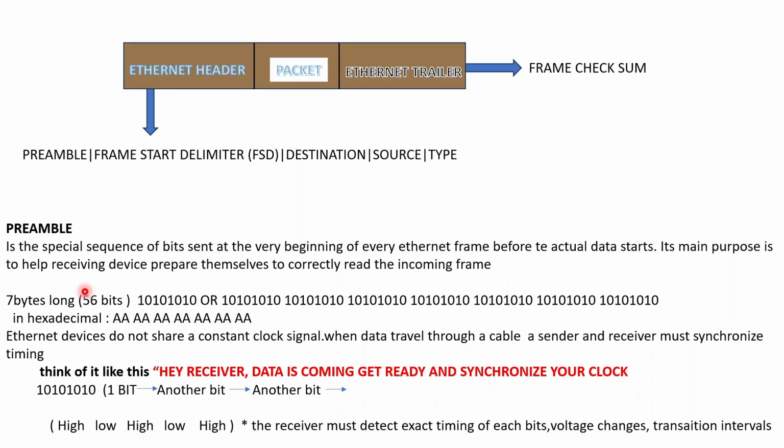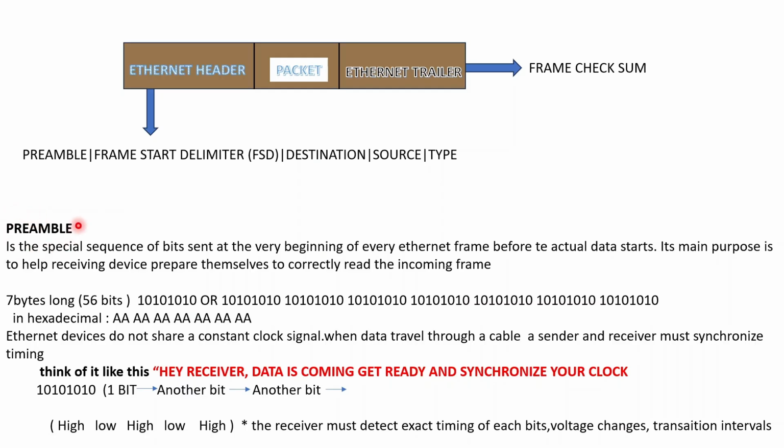The problem is Ethernet devices do not share a constant clock signal. So that's why there is a preamble, inatumika kumtaarifu receiver ajiandae na kusynchronize muda wake kuweza kupokea hiyo data ambayo itakuwa transmitted very soon.